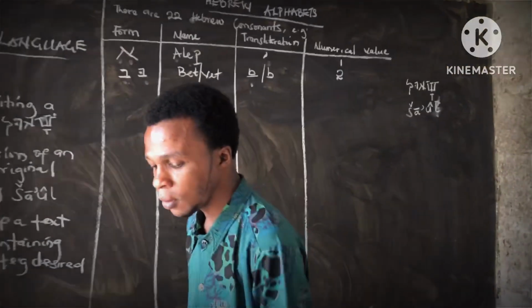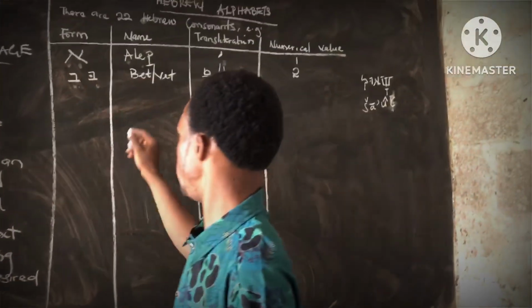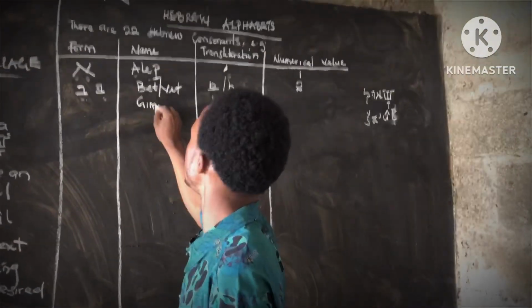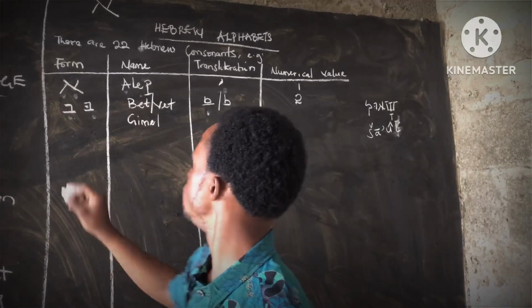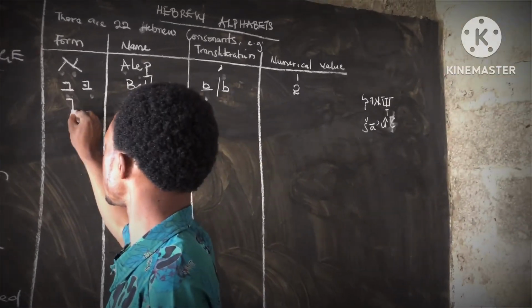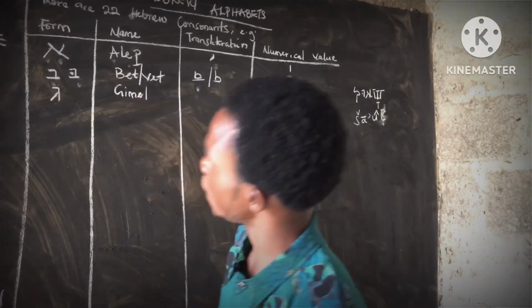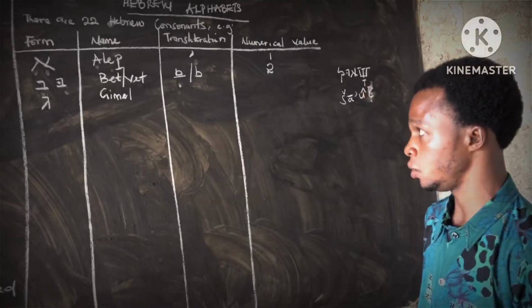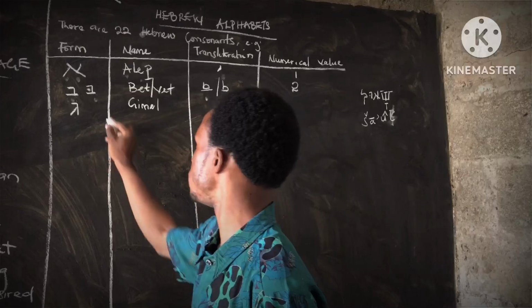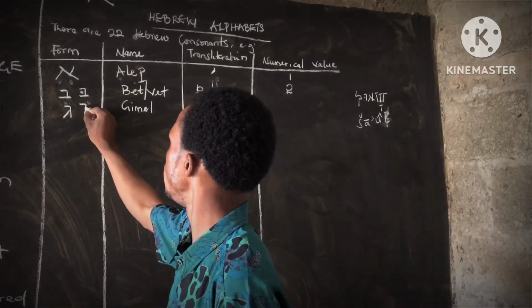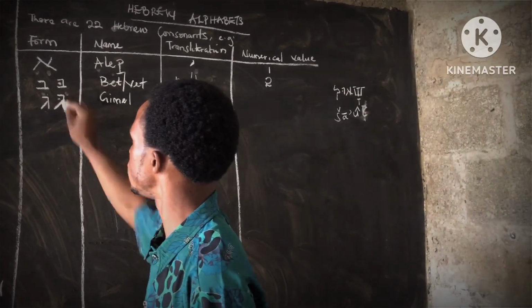Moving on, we have the third one called Gimel. Gimel is written as this. We have two forms of Gimel too: the one that has no dagesh and the one that has a dagesh. The dageshed form is written as this.